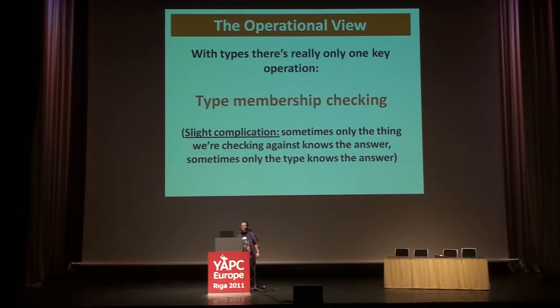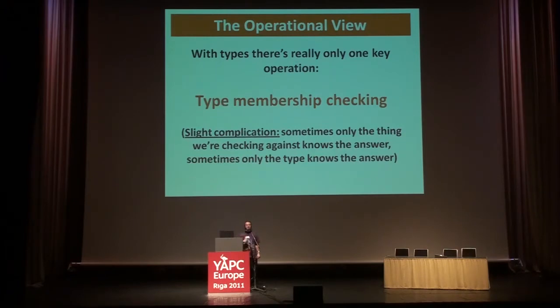And then if you look at types, there's really only one interesting runtime thing that you tend to have to do with types, and that's a membership check. That is, given this value, is it a member of that type? And that gets interesting because after a while you realize that is a question that might be answered by different things depending on what sort of type it is.